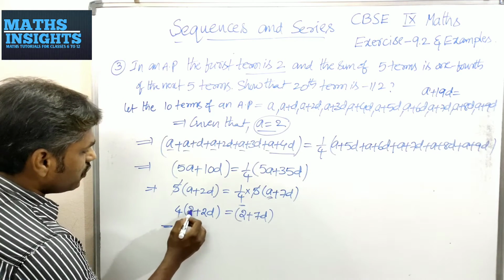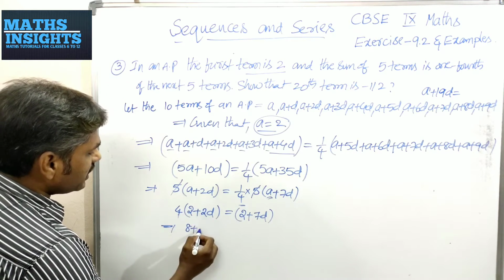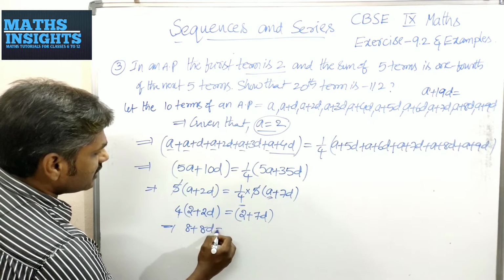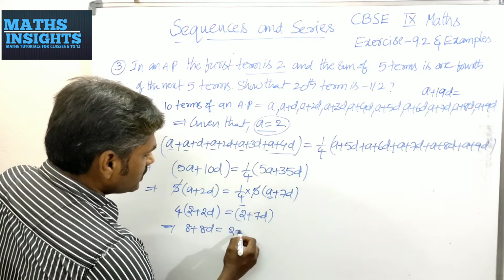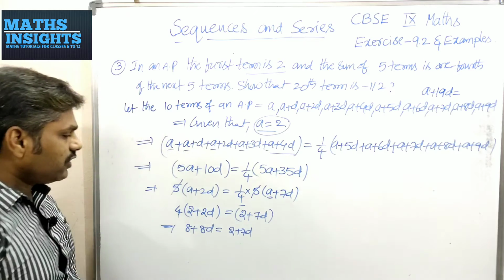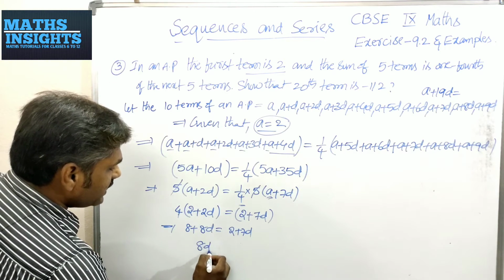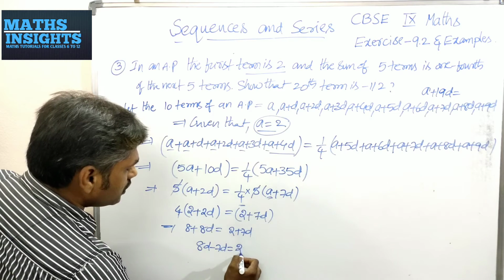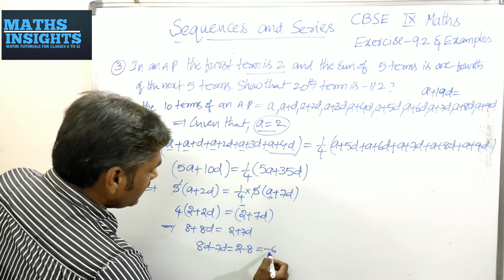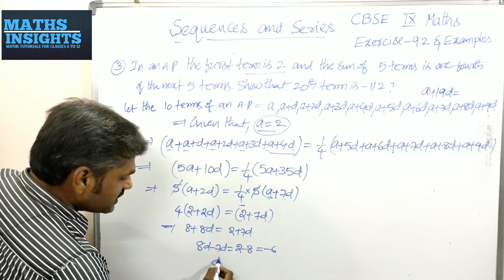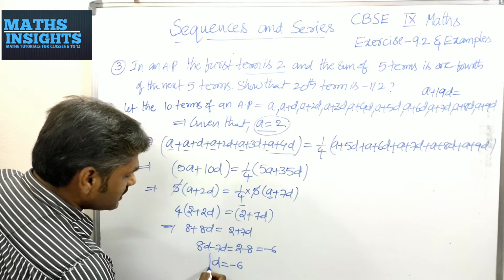That implies 4 2s are 8 plus again 4 2s are 8d, is equal to 2 plus 7d. If you want the d value, take this 7d here, 8d minus 7d is equal to 2 minus 8, which is minus 6. Here also d is equal to minus 6.